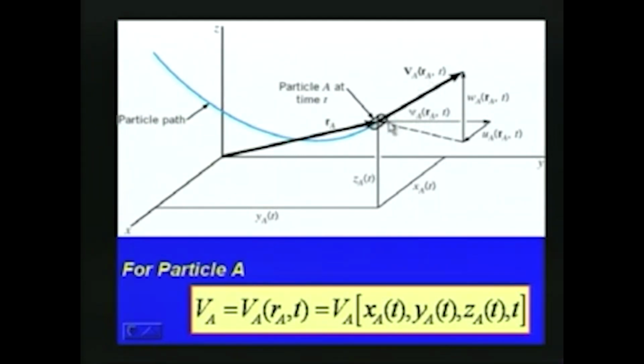Its position vector is represented like this with respect to the velocity components in the x, y, z directions. So u_A is the velocity component in the x direction, v_A is the velocity component in the y direction, and w_A gives the velocity component in the z direction. For particle A, the velocity V_A is a function of the position vector r_A and t, and that can be put as V_A(x_A(t), y_A(t), z_A(t)), as shown in this slide.